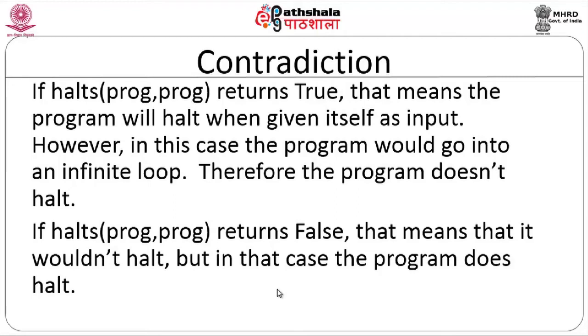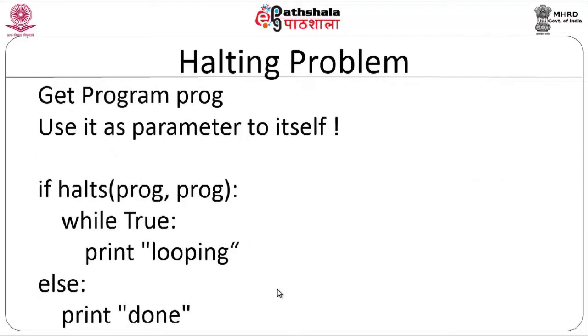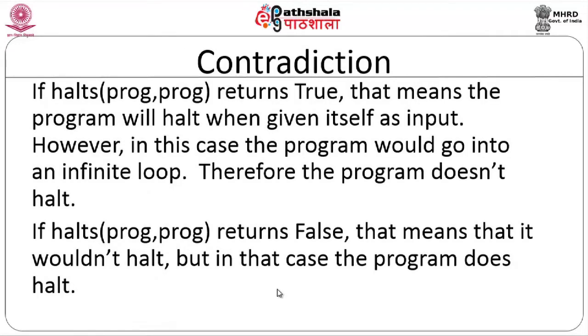On the other hand, if the program returns false, that means the given program says that the program will not halt, but in the algorithm it halts. In other words, what is happening is nothing but a contradiction.